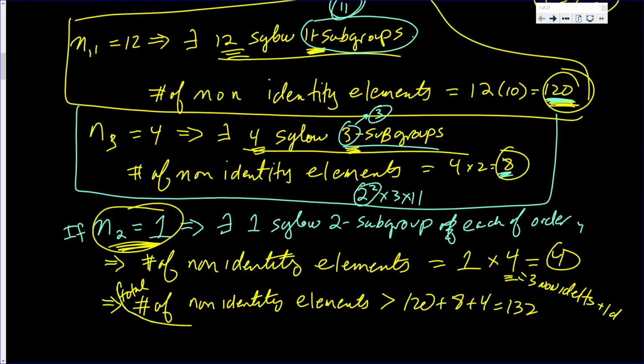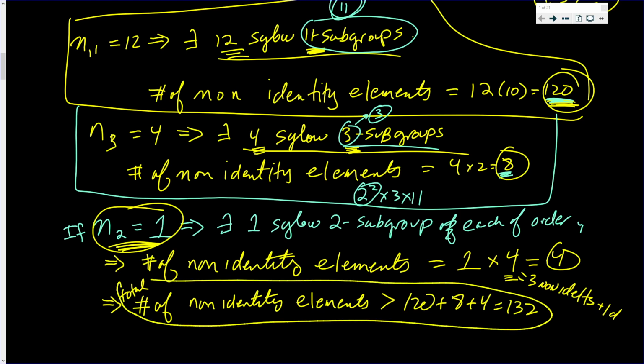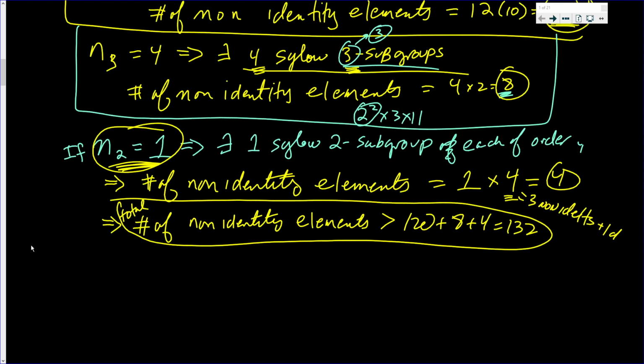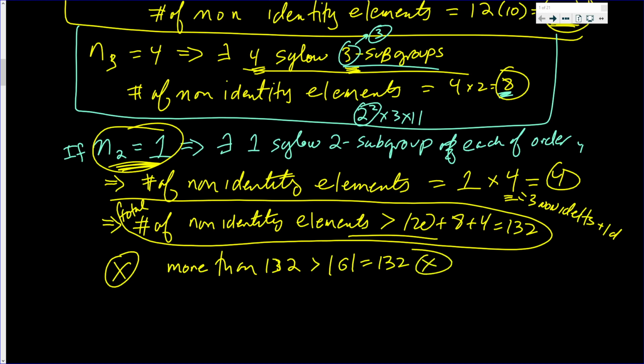There are more than 132 elements in this group that only has 132. That's a contradiction. More than 132 is bigger than the order of G, which is 132.